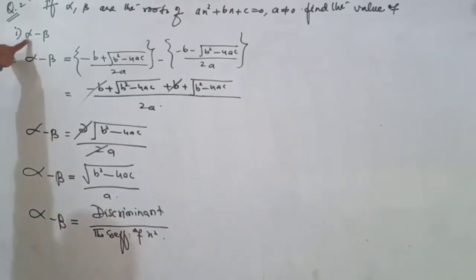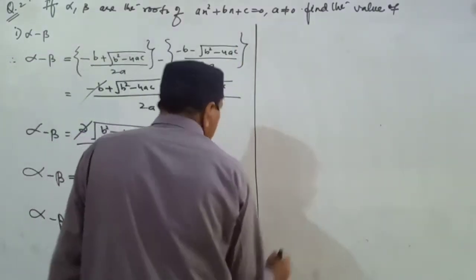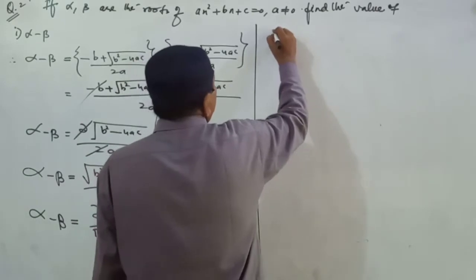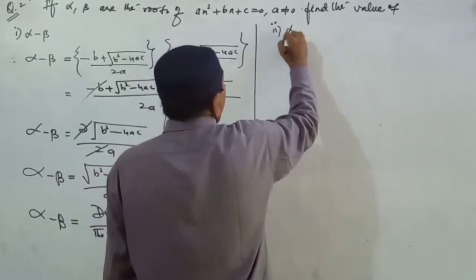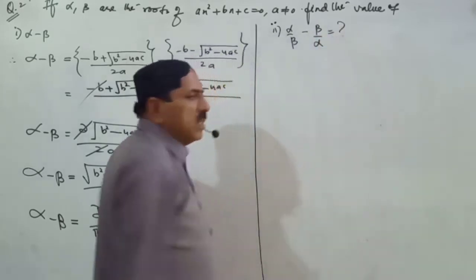So this is the value of alpha minus beta. Now number 2 is alpha upon beta minus beta upon alpha. We have to find the value of this one.